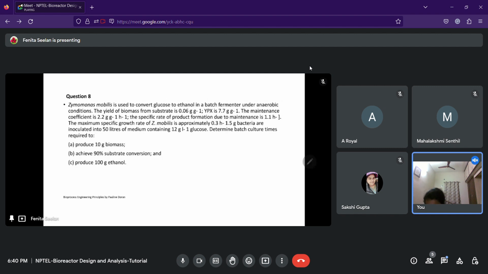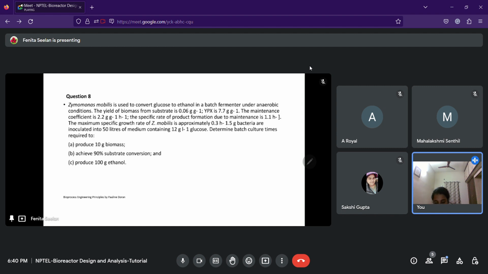Let me read out the question. Zymomonas mobilis is used to convert glucose to ethanol in a batch fermenter under anaerobic conditions. The yield of biomass from substrate is 0.06 gram per gram and the product yield is 7.7 gram per gram. The maintenance coefficient MS is 2.2 gram per gram.